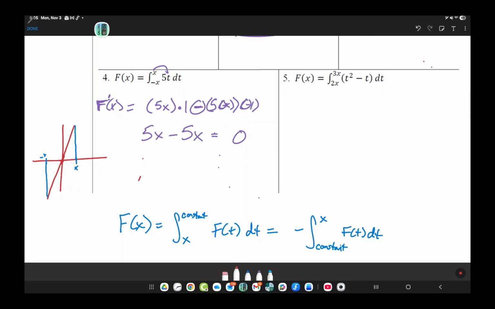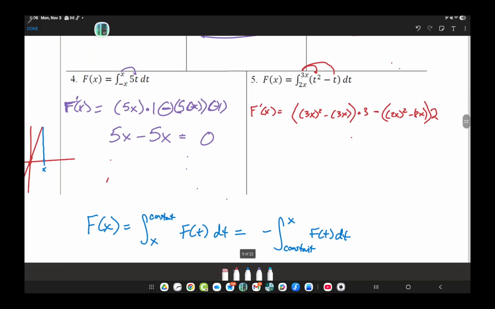So next one, last one. Same concept. We are going to plug in 3x here. So f prime of x. We have parentheses 3x squared minus 3x times the derivative of 3x, which is 3, minus parentheses 2x squared minus 2x times its derivative, which is 2.